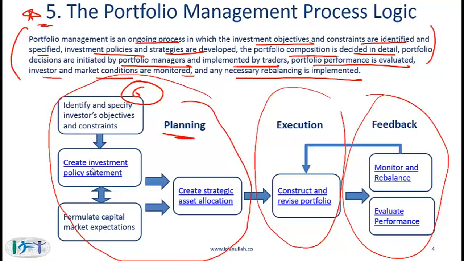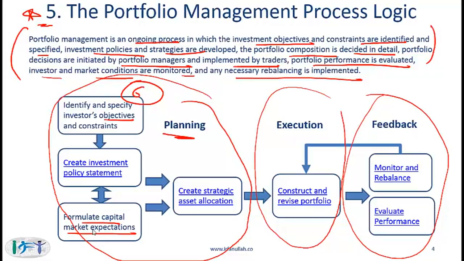Just one high-level remark I'll make here is that in creating the IPS, where among other things we define the objectives, the return objectives, the risk objectives, the constraints, we obviously need to consider the client, but we also need to understand how capital markets are likely to perform. So as portfolio managers, we need to have a view on capital markets.